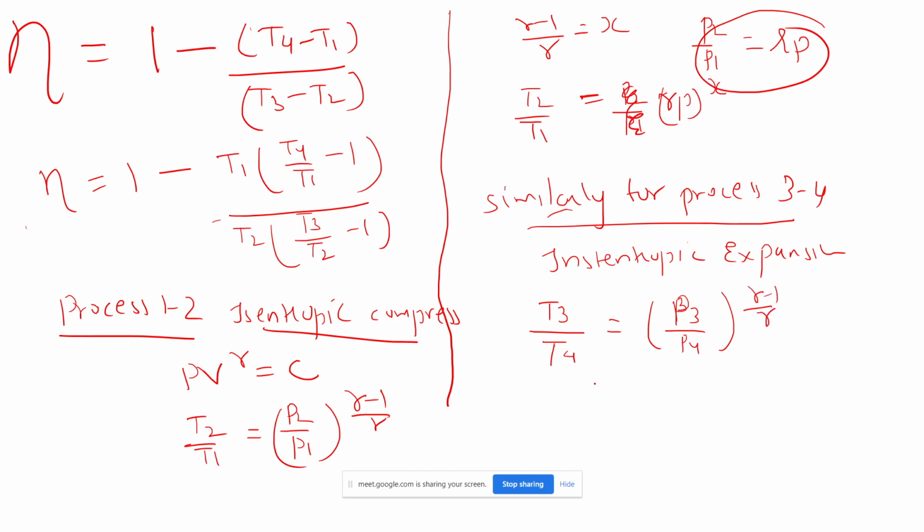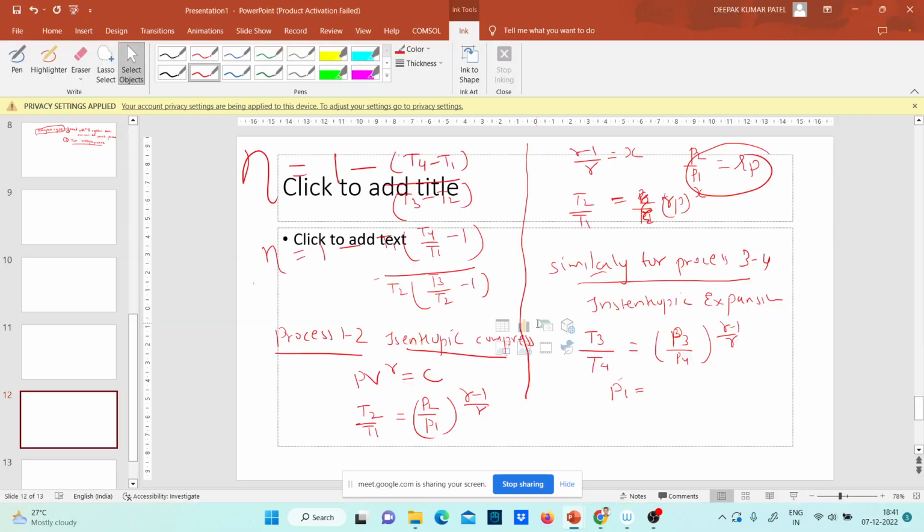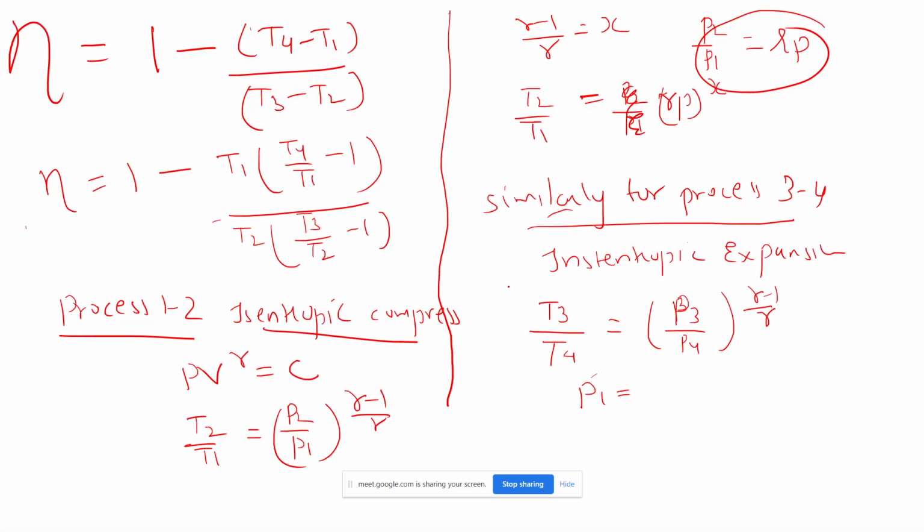Here also, since pressure, T1 is equal to T4, T3 and is equal to P4.